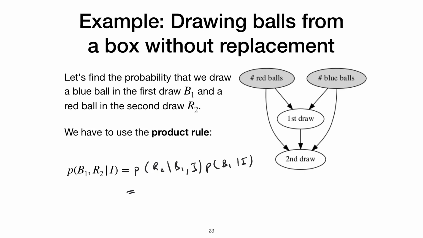The first one is what we found just before. It's 6 divided by 9, and the other one was 0.4 if I remember correctly. So you get 0.26. Notice that in this example it was actually easier to find first the conditional probabilities and then the probabilities of the more complex event.